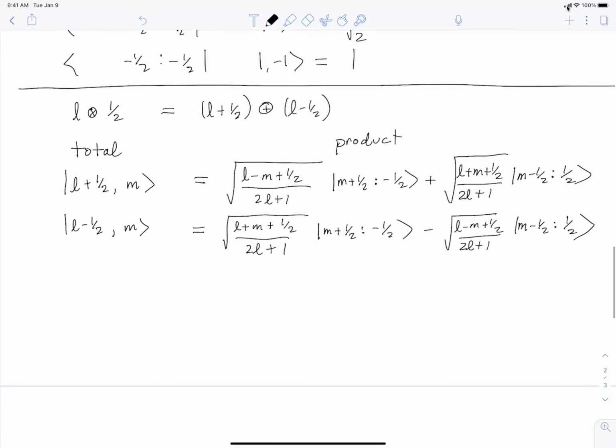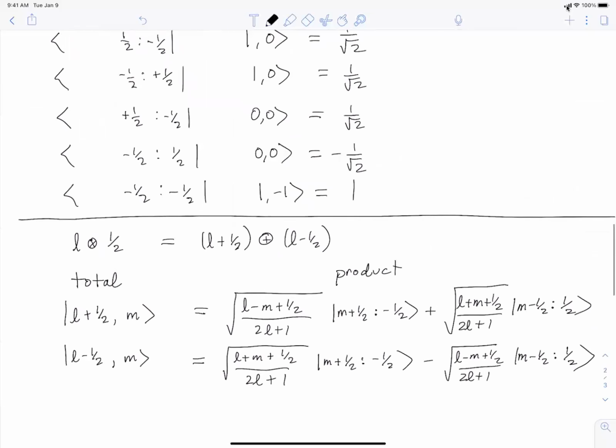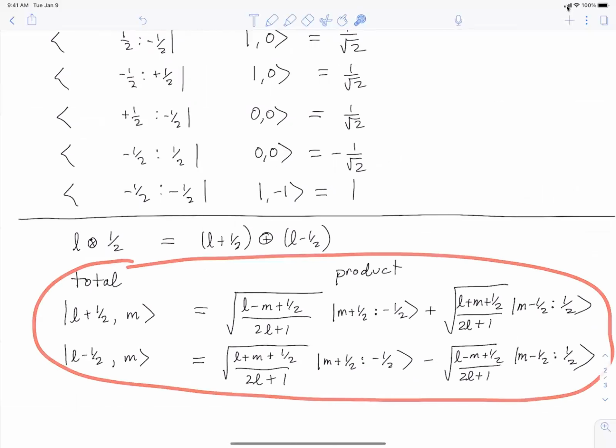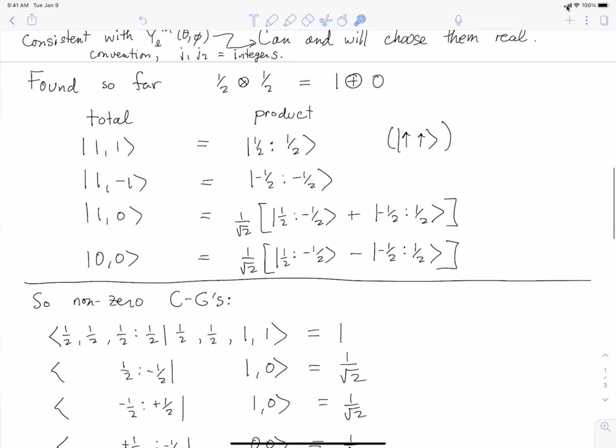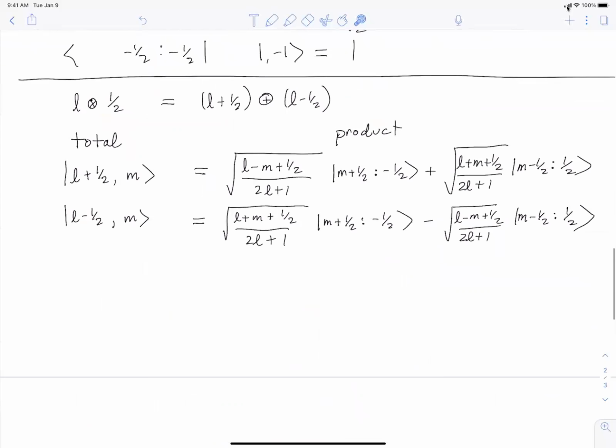Nothing goes wrong with this derivation if I say L is actually equal to 1/2. And if L does equal 1/2, then these things that I've written here, you can check, are just the same things that I've written here. They're really the same thing if L equals 1/2. But now I can plug in any L, including an integer, to work these things out.